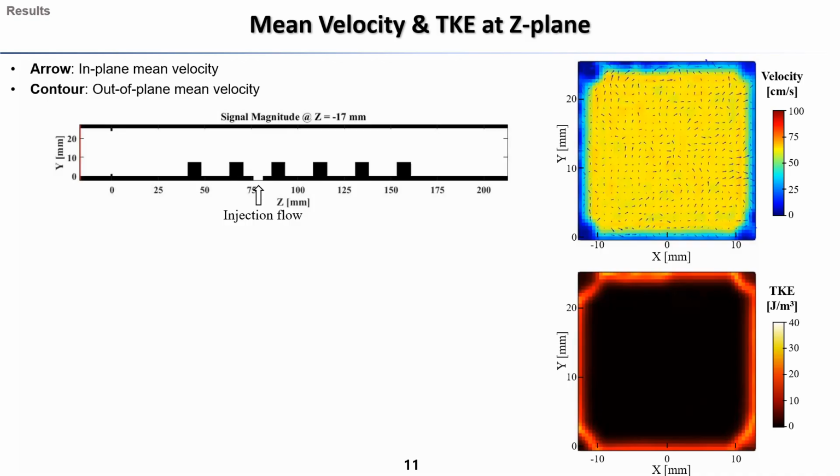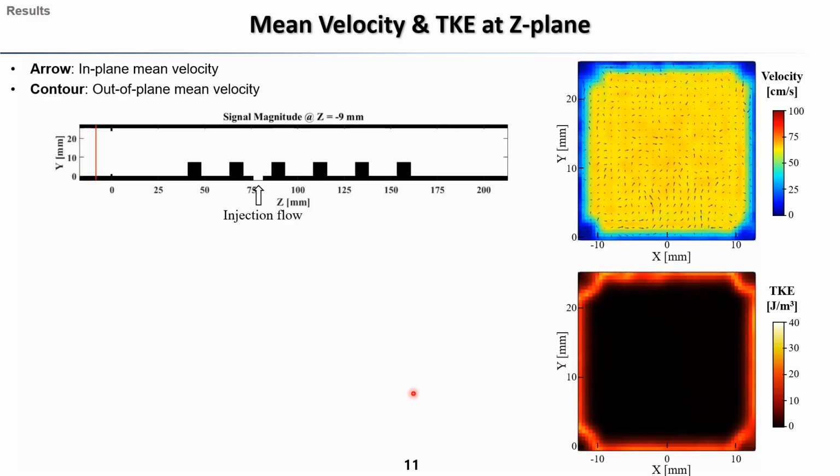From now on, I will talk about the results of flow visualization. First, I will show you the cross-section result of mean velocity and TKE at Z-plane. For mean velocity data, the arrow indicates the in-plane velocity, while the contour indicates the out-of-plane velocity.